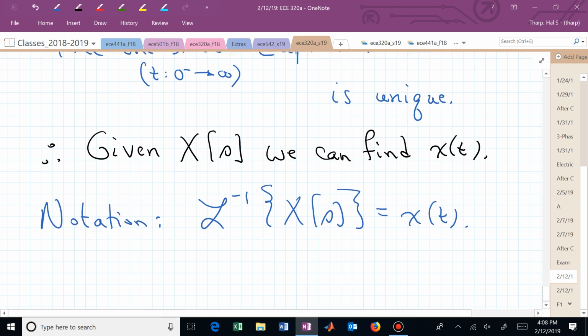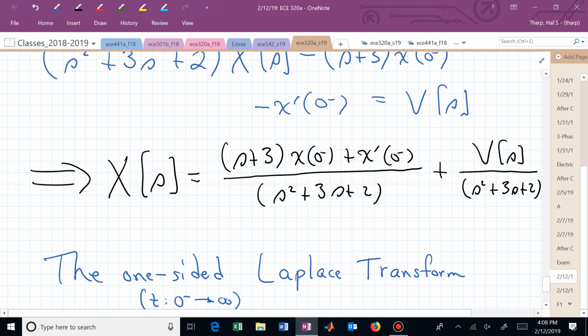From our example, here's what we had for capital X of s. Do you see that I've actually put this into two pieces? Those two pieces are specifically collected in this way. One piece contains initial conditions, and one piece contains the forcing function, or what we were using to shake that differential equation.